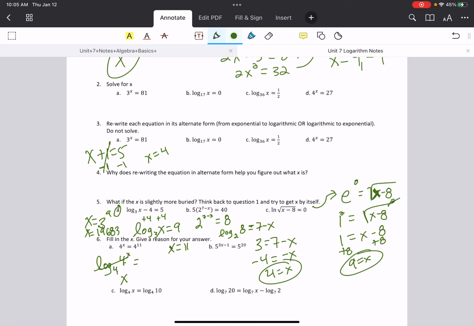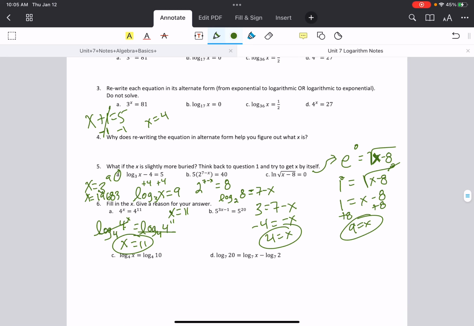But if I do something to one side of an equation, I have to do it to the other too, right? Okay, so that's why mathematically X does equal 11, right? Now, it was easy to see that, but they're not always going to be that easy. So that's why we did one like that. I have more examples of the log ones on later pages. So for workroom, you can cross those off, okay?